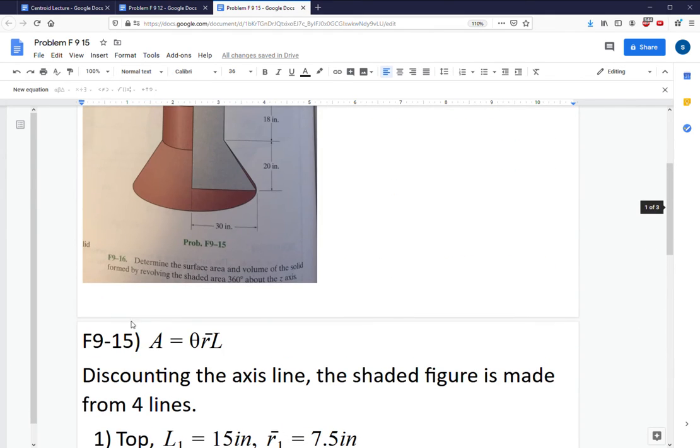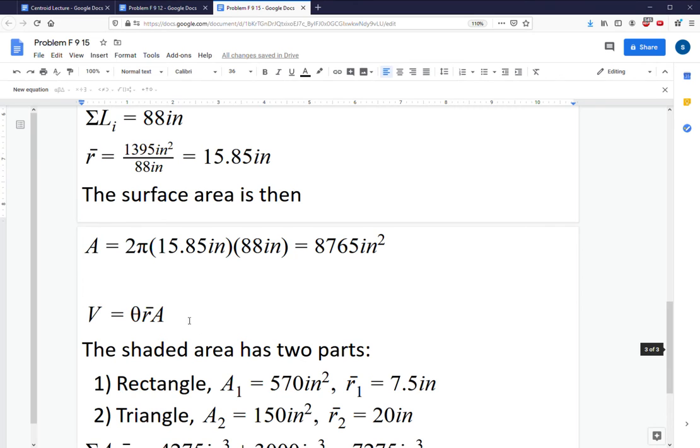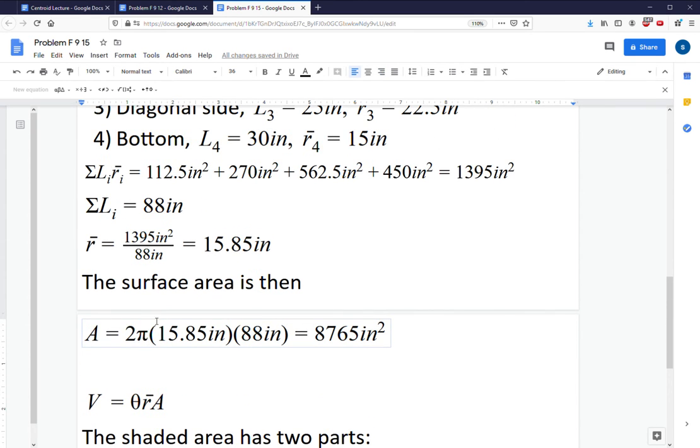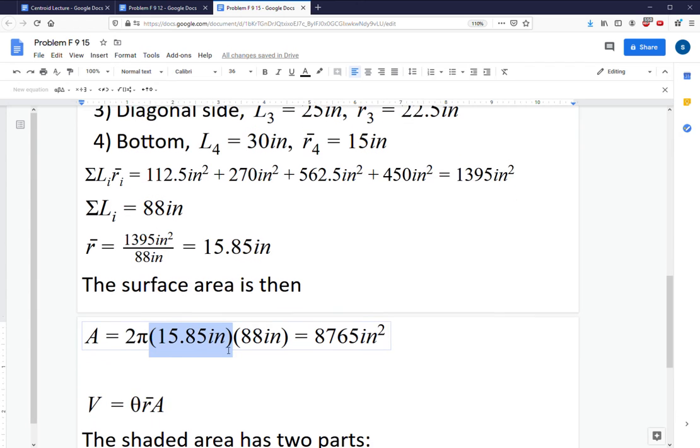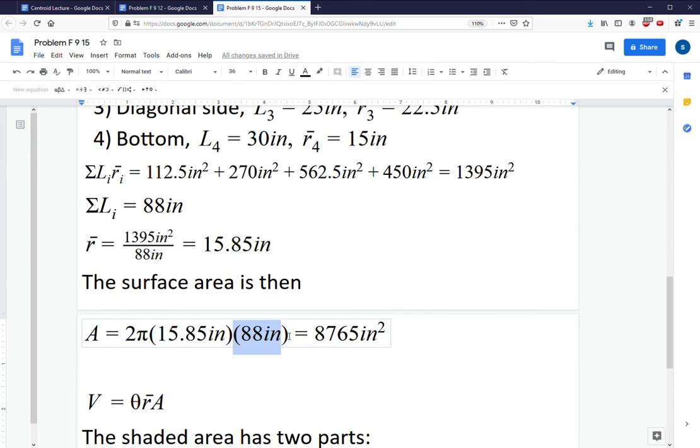Then we use our formula to find the area. The angle of rotation is 2 pi. The location of the centroid is 15.85 inches from the axis of rotation. The total length is 88 inches, giving a total surface area of 8,765 square inches.